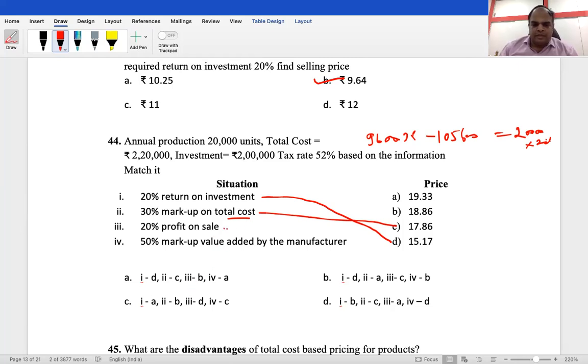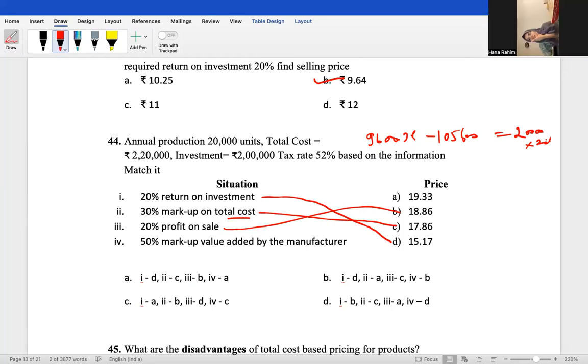Yes, sir. 18.8. Next, 50% markup value added by the manufacturer. Therefore, 9,600 X minus 105,600 should equal to... In the third one, 20% profit on sale. So we will take 20% on which amount? 20,000 X, sales quantity 20,000.